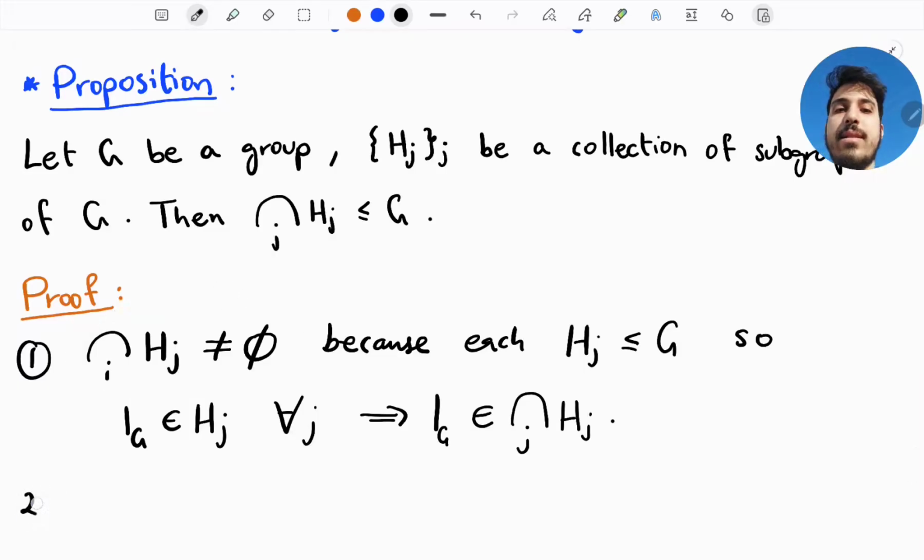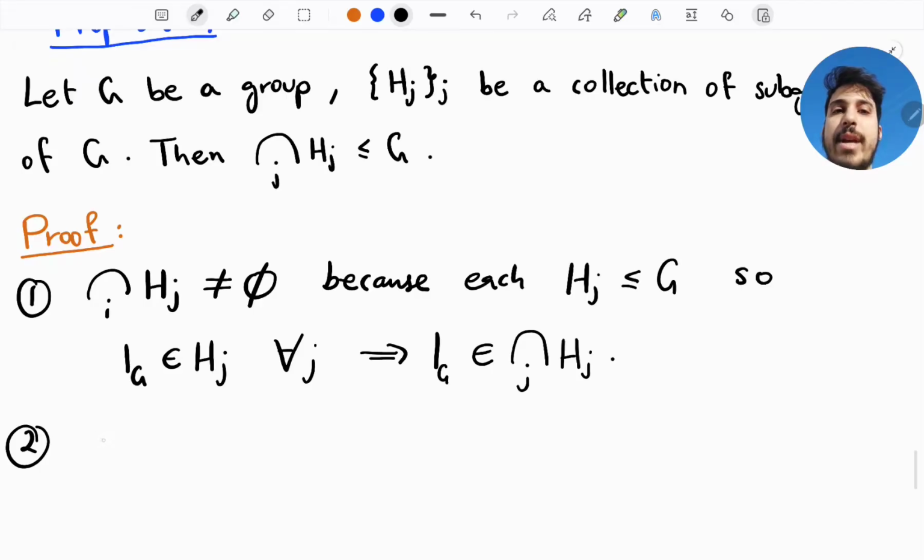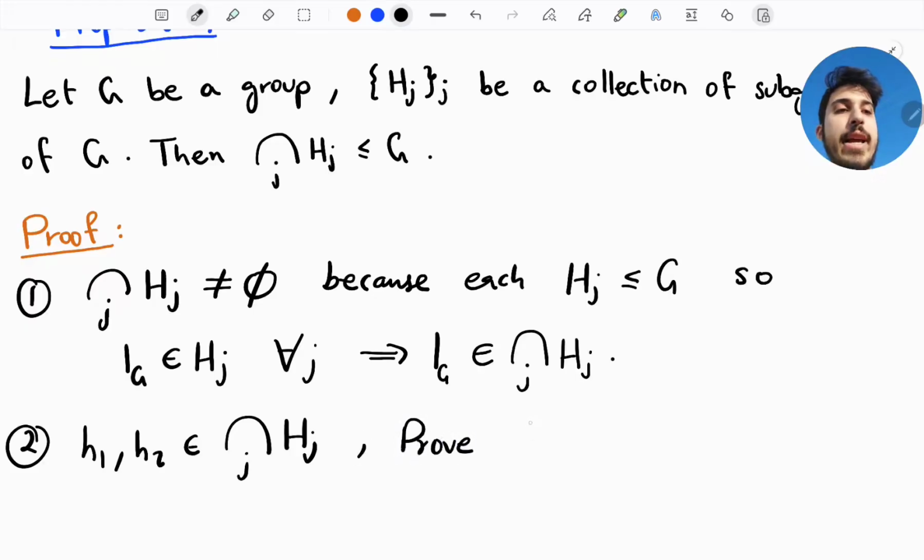The second part of the proposition, the proof says that if we have h1 and h2 in the intersection of H_j, for each j, we want to prove that h1 h2 inverse is in the intersection as well.